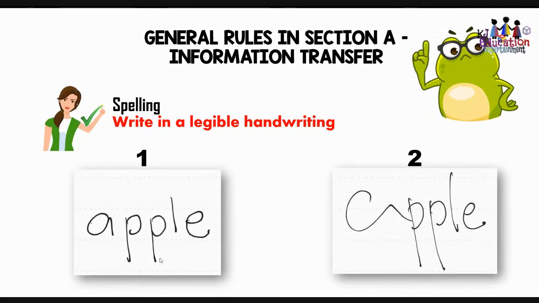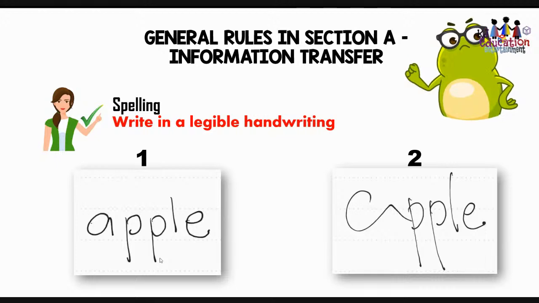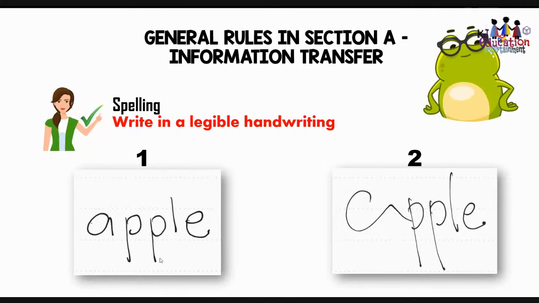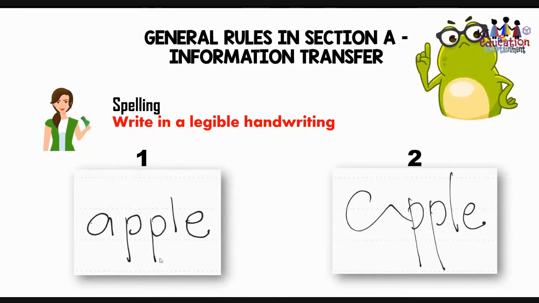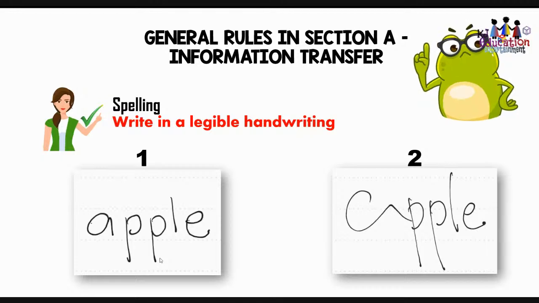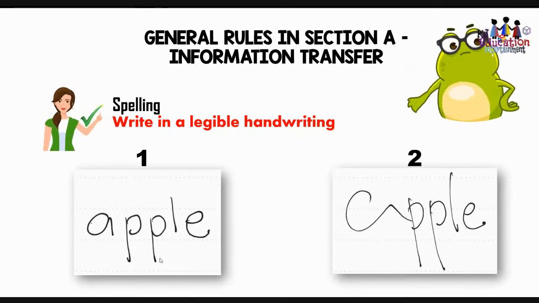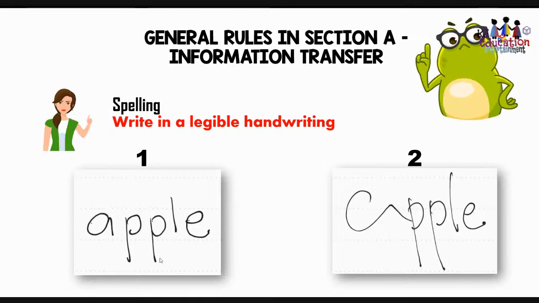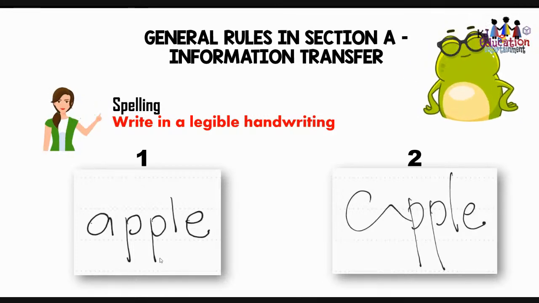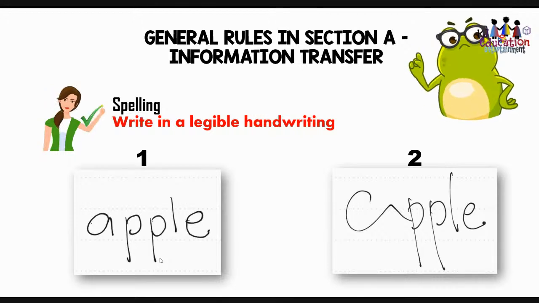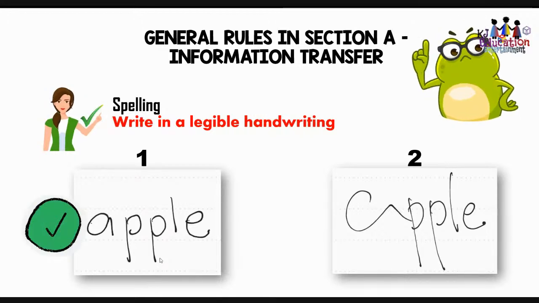I'm just going to give you an example over here. We have two pictures. If you look at picture 1 and picture 2, which one can you read? Which one do you think is the correct one? Is it picture 1 or picture 2? Yes, picture 1. This is the correct one.